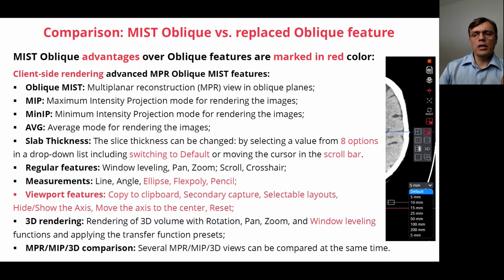But I really want to warn all our partners about one thing. In version 8.1, when you upgrade from previous versions which still contained the Oblique function, after the upgrade all Oblique licenses will be unused, because this version doesn't have any possibility to enable Oblique.